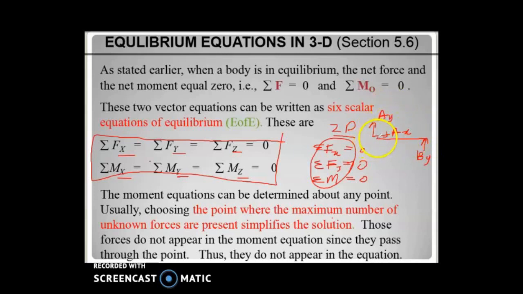But if we put the point of moment there, we only have one unknown, so it simplifies our analysis. The same goes for the 3D cases. In 3D, you must choose the point where the unknowns act, so they have no moment at that particular point.